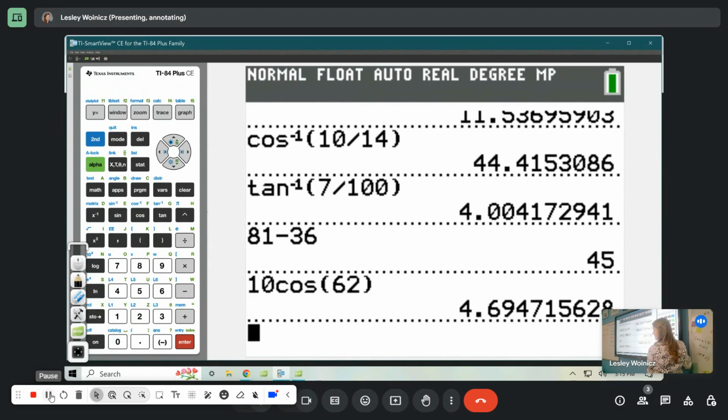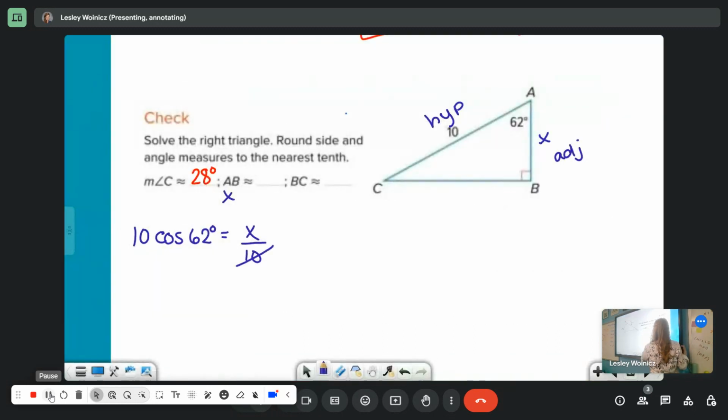I'm getting, what does it say to round to? Nearest tenth? 4.7? Okay. Now I want BC. I'm going to call that y. So that one is my opposite. So I'm going to use the y and the 10. Which of my ratios compares opposite to hypotenuse? Yeah.